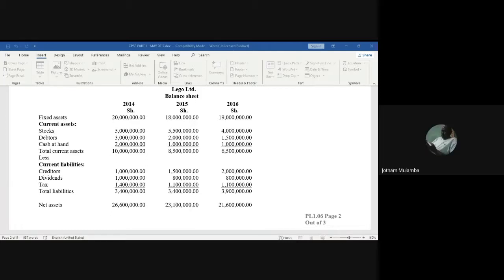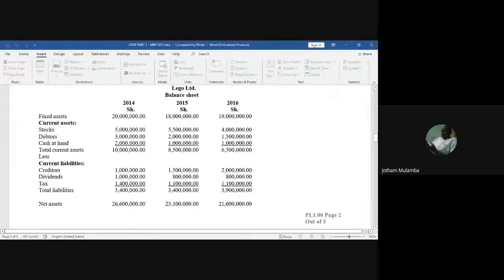And for the last year, we minus stock, not cash.